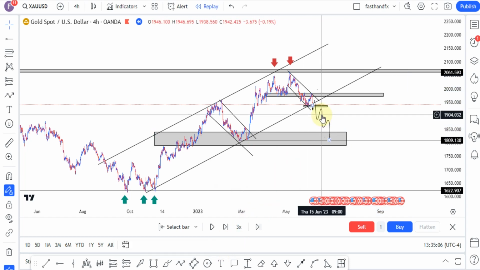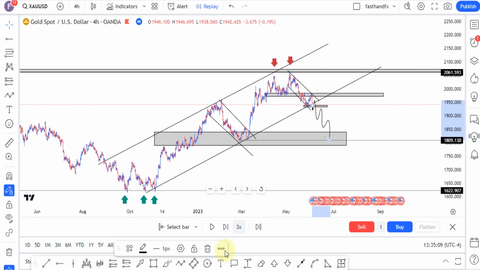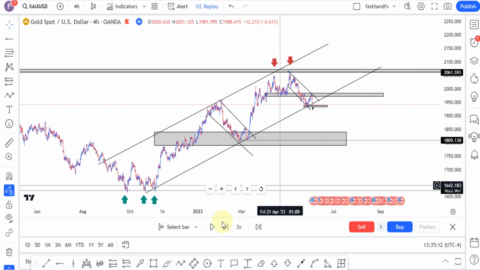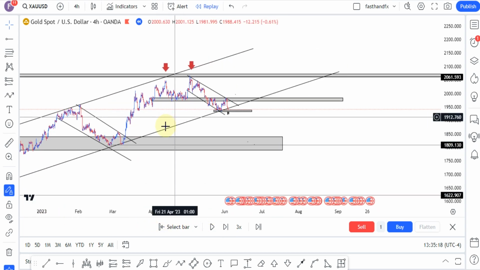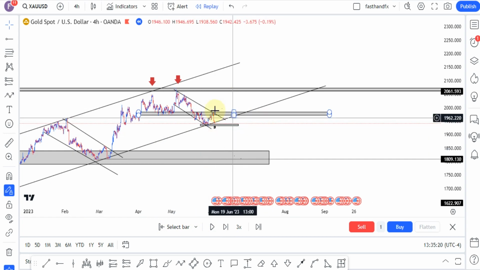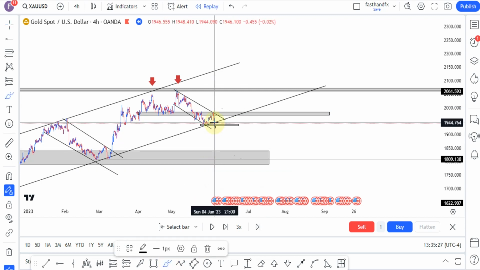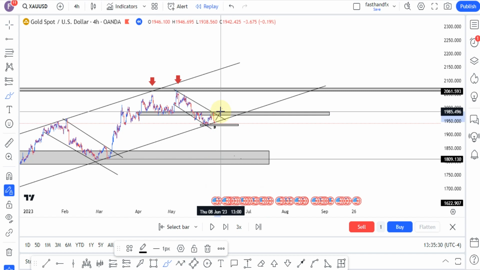So we said if the market breaks below this area, we expect the market to start giving us sells. And if the market doesn't break below this area and instead goes all the way up, breaks above this area, then we'll expect the market to give us that pullback, or a retest, then we go up to this area. So this will be our first target.